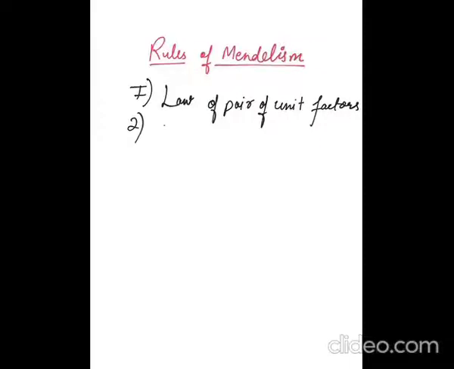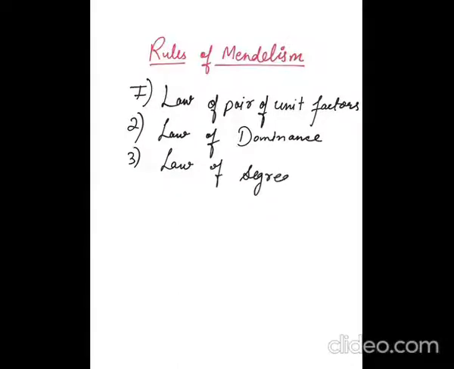Second is law of dominance. Third is law of segregation. And the fourth one is law of independent assortment.